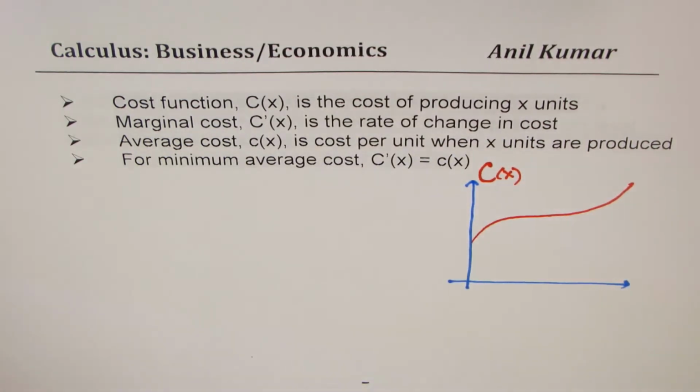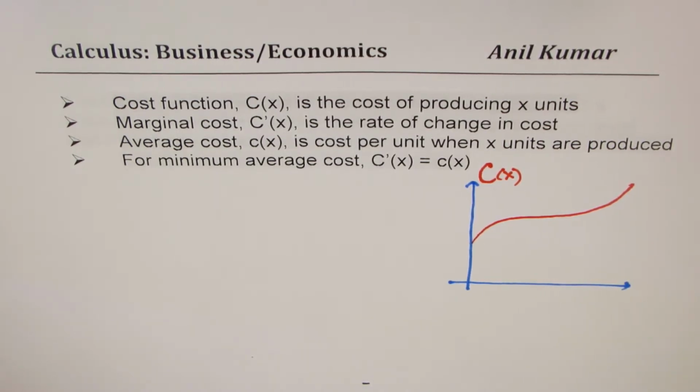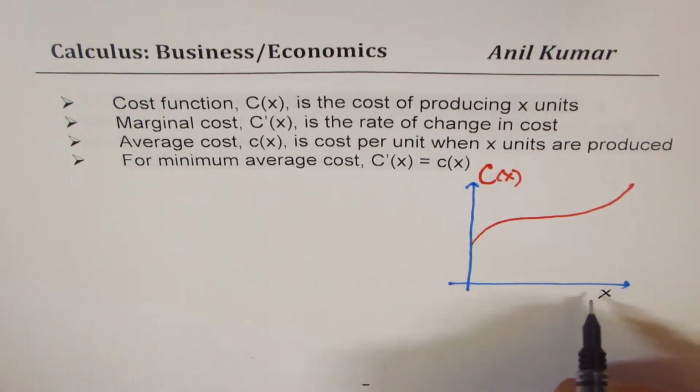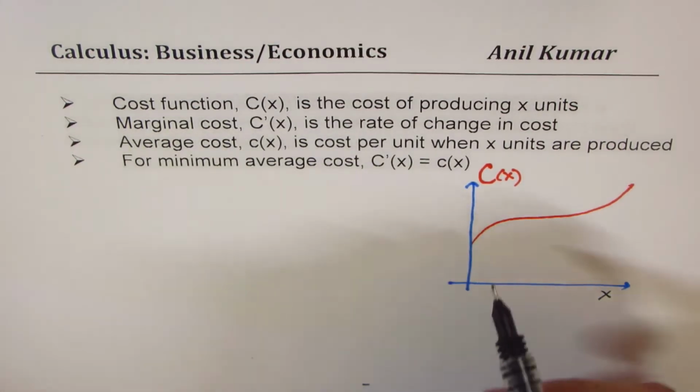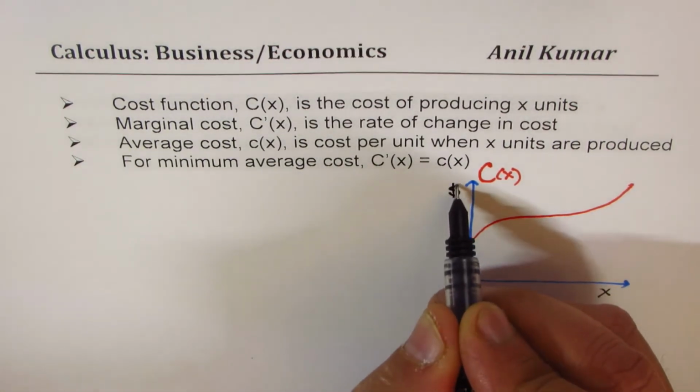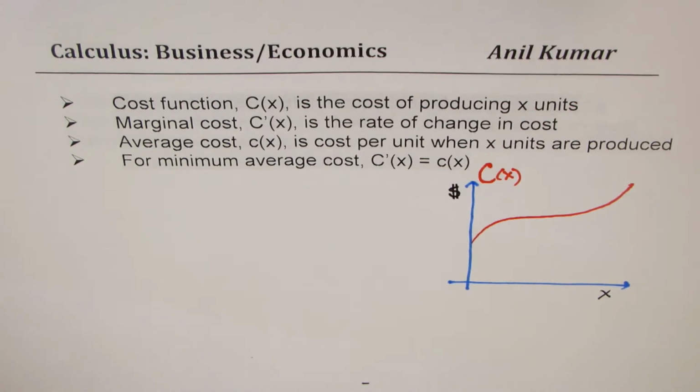I'm not using any units here. Here in North America, we can use dollars. In your country, use the unit of your country for cost. This graph provides you the cost for producing x items. Most of the time in North America, we use dollars, so let me put dollars here.